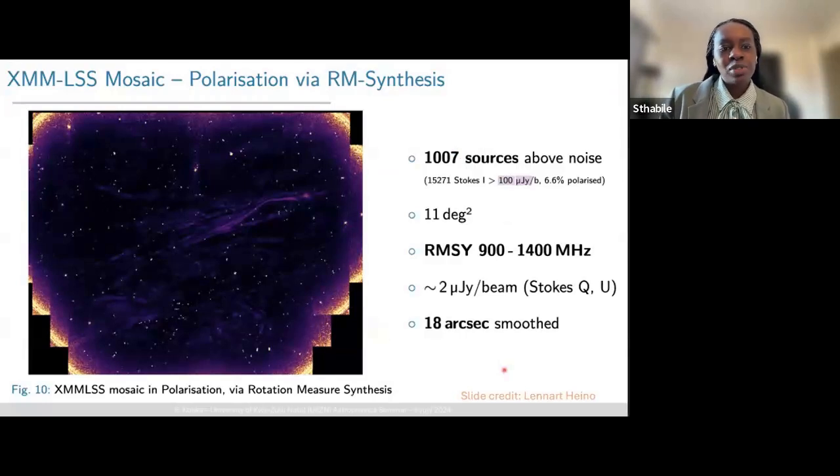And from rotation measure synthesis, he's seen that up to 7% of these are polarized over a very wide field, covering the L band, and with our Stokes Q and U, also having a very deep flux limit as well. And this is work in progress, and we hope to see a paper soon.